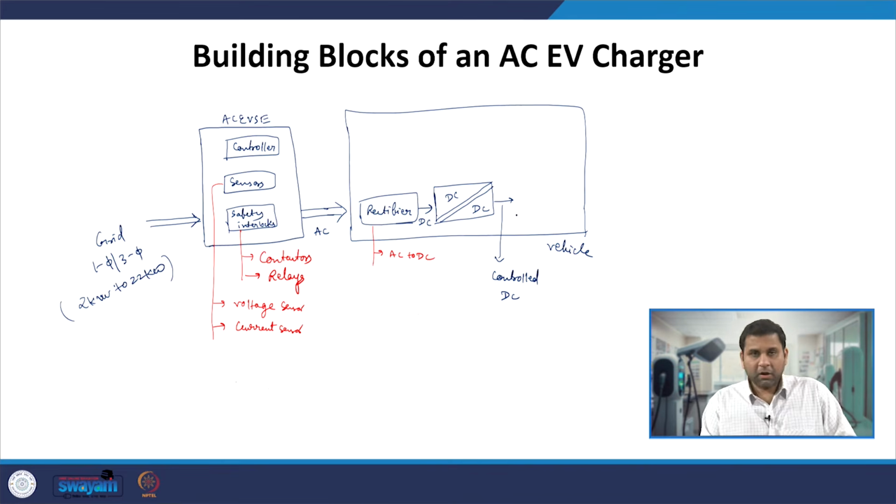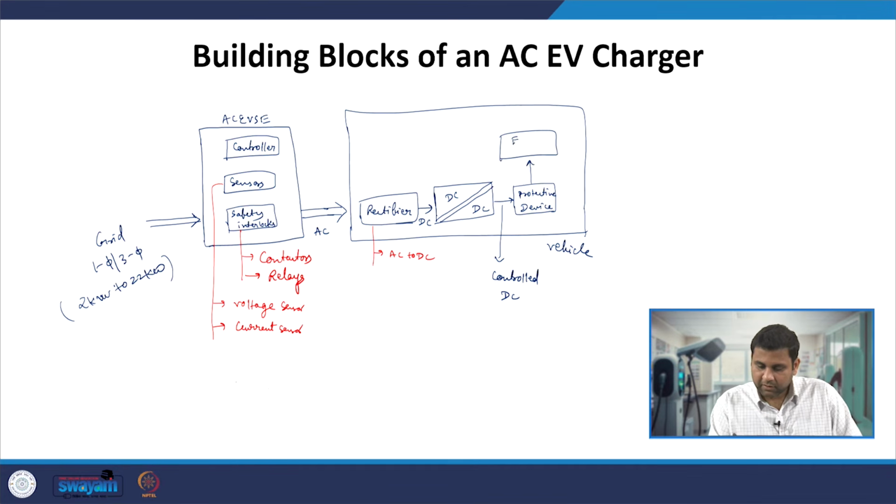Then this output DC, in controlled manner, you can pass through protective devices, in the form of contactors or relays, and then it goes into the EV battery.